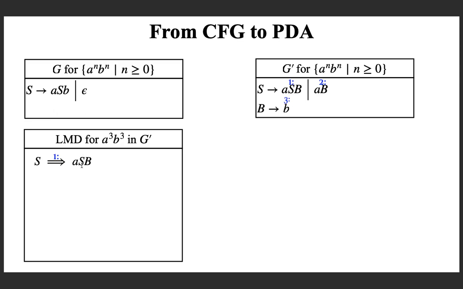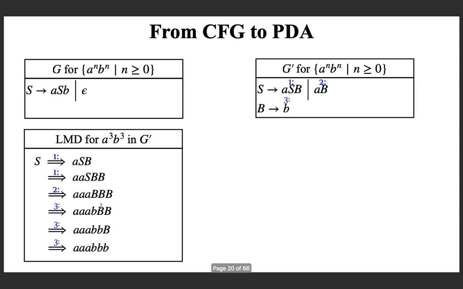To replace this capital S, I again apply production number 1. Again production number 1. This time I apply production number 2, which is aB, so this S is replaced with small a capital B. Now the leftmost symbol is capital B. Apply production number 3, I will get a b here. Now again apply production number 3 on this capital B, and finally again 3.